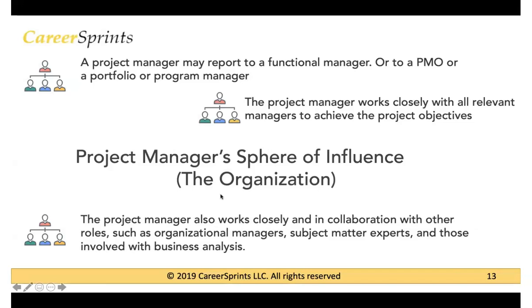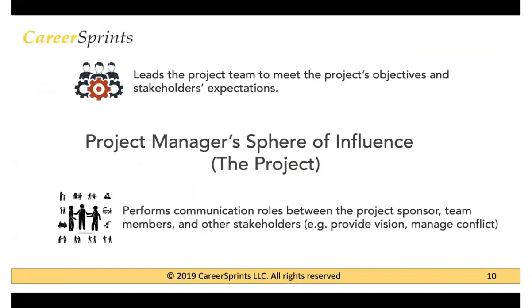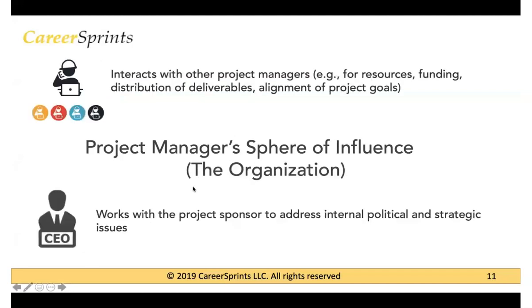So these are some responsibilities that the project manager carries out from an organizational standpoint and from a project standpoint. So what are the responsibilities of the PM from a project standpoint? So when I say project manager sphere of influence, I mean what are the responsibilities of the PM from a project standpoint, and what are the responsibilities of the PM from an organization standpoint.